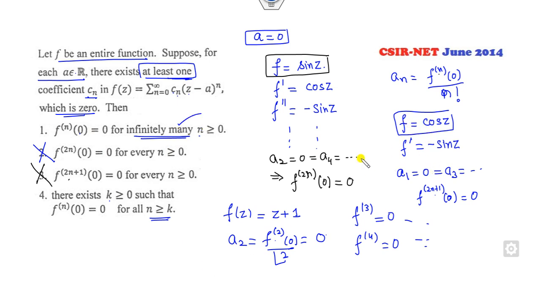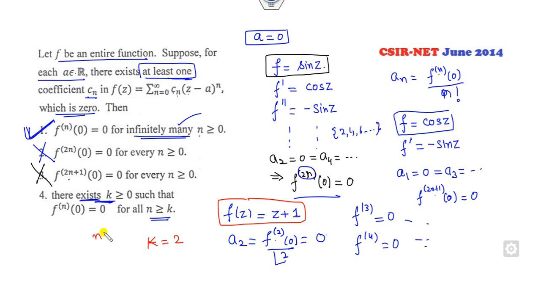Also for the even case, the set consists of 2, 4, 6, so it has infinitely many, so this option is satisfied. Does there exist k? It is not for all k, there exists k. If I take this example, I can take k as 2, so whenever n is greater than or equal to 2, this value will be satisfied. So this is also a right answer. A and D are the correct options.